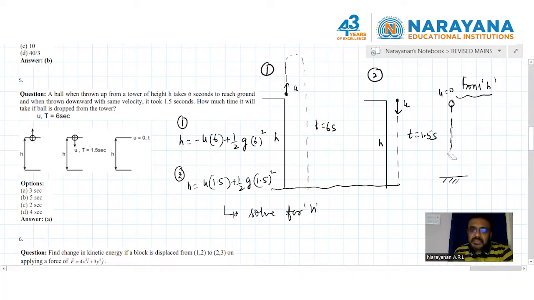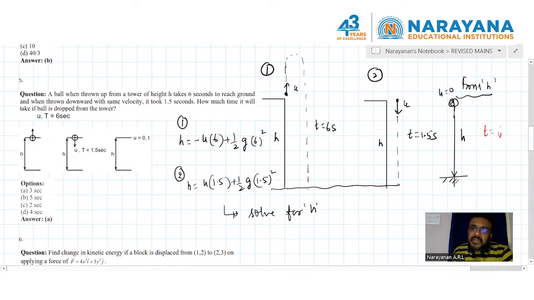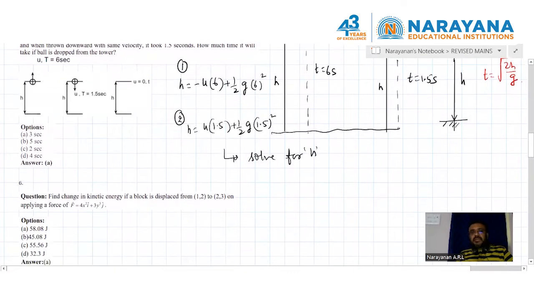H is the same. So we can calculate t with the relation t equals under root 2h by g, where h is calculated from the relations we have from 1 and 2.